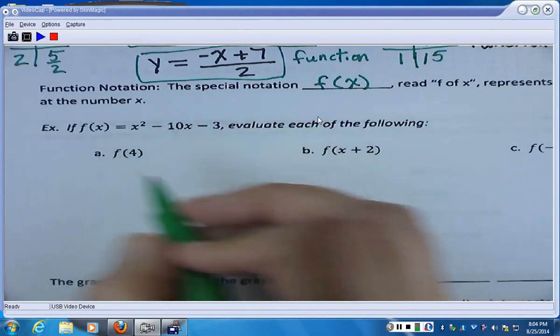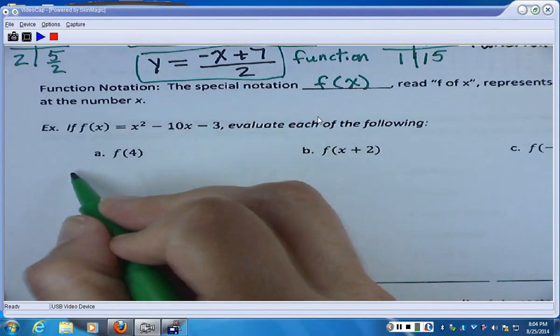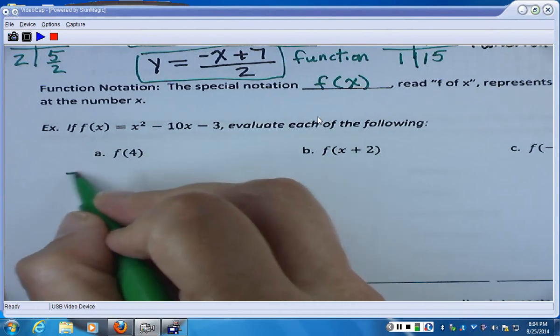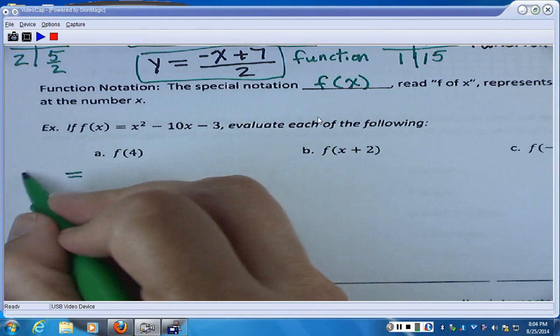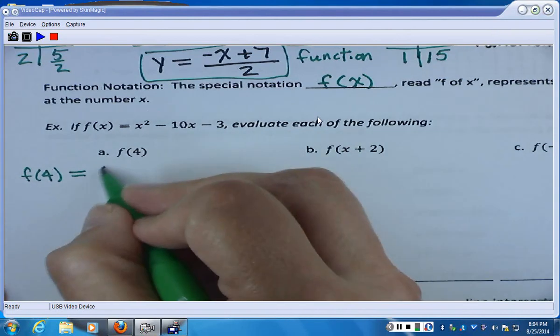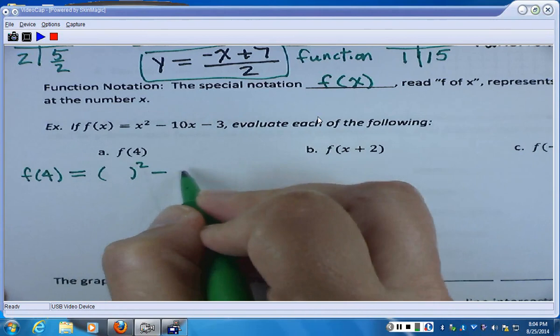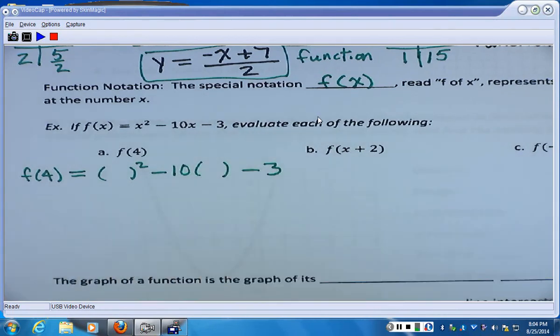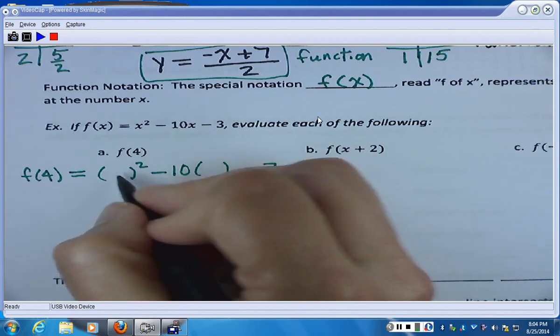So what you do, and of course it's easy when it's a little positive number like this, everywhere you have an x, you're going to put parentheses, minus 3. And then you're going to fill in what x is, 4.